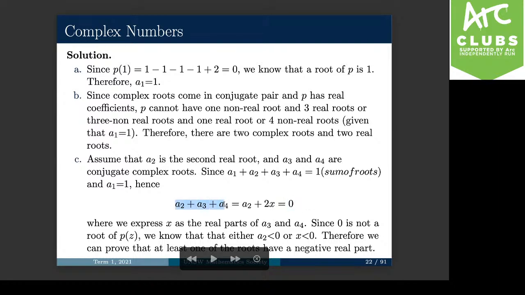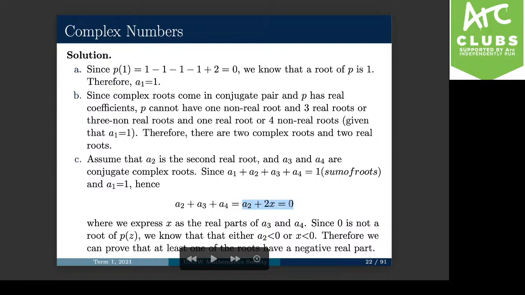Note that A3 and A4 are conjugate complex roots. You can cancel the imaginary parts, so all that's left will be the real parts times 2. We express x as the real part of A3 and A4. So A2 plus 2x will be 0. When we have this result, we know that something is positive and something is negative, right?